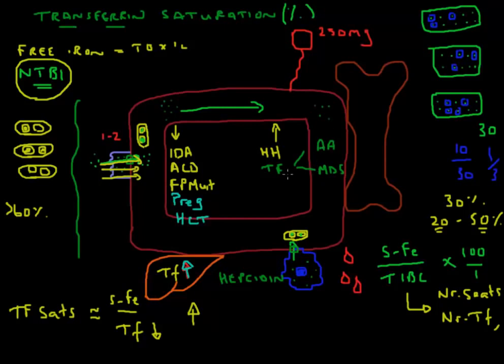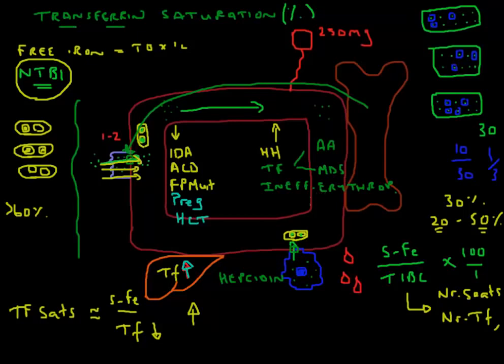There are also conditions that lead to ineffective erythropoiesis. So a lot of activity is happening in the bone marrow to try and make red blood cells, but it's not very effective. And when this happens, the bone marrow sends a signal whereby absorption is increased.